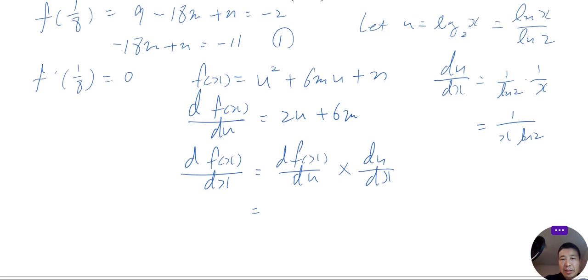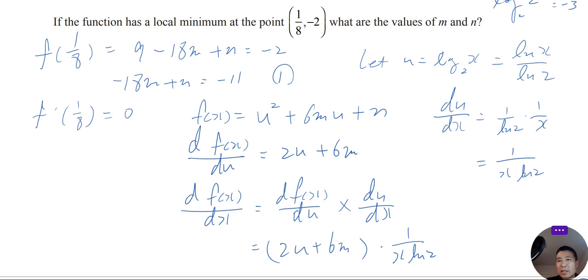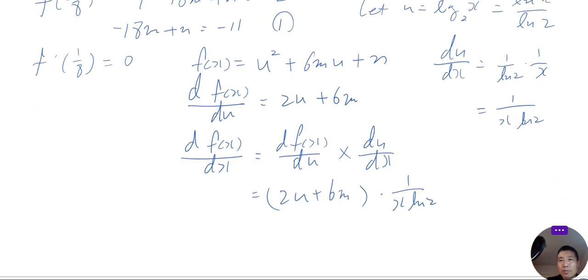So that part is 2u plus 6m times du over dx, which is 1 over x ln 2. Now, do you remember u is log x to the base of 2? So I'm going to put them back.